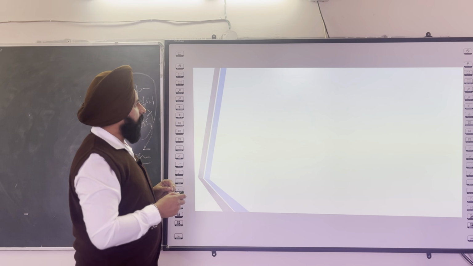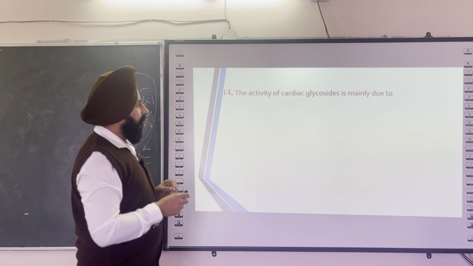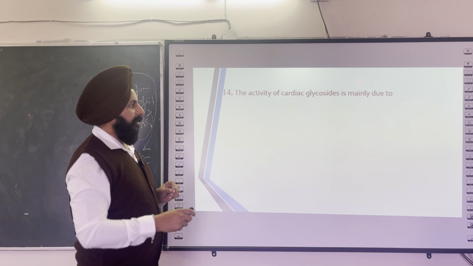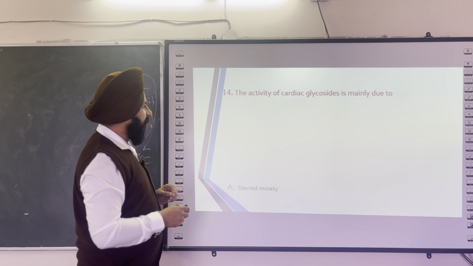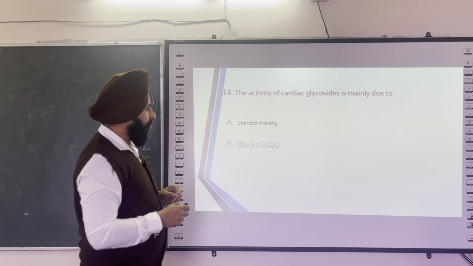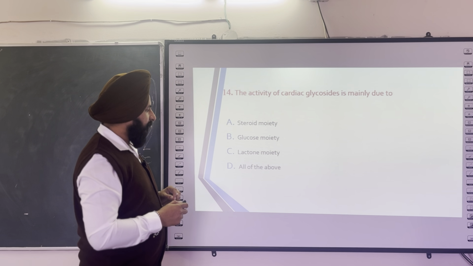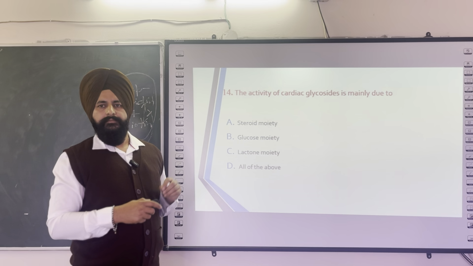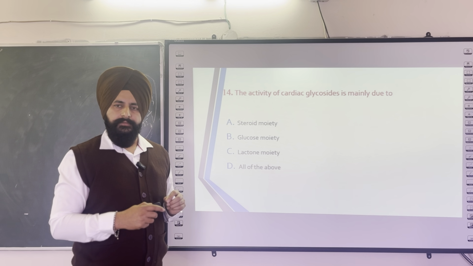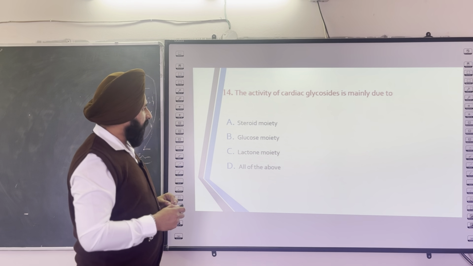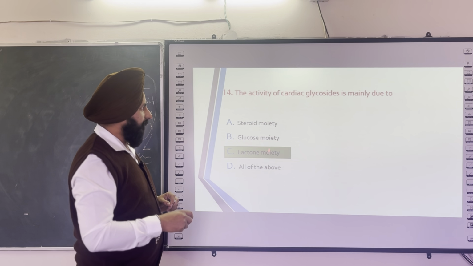And the next question for this series is: the activity of cardiac glycoside is mainly due to. The options are steroid moiety, glucose moiety, lactone moiety, and all of the above. Very fast, choose the correct answer for this question. The correct answer is lactone moiety.